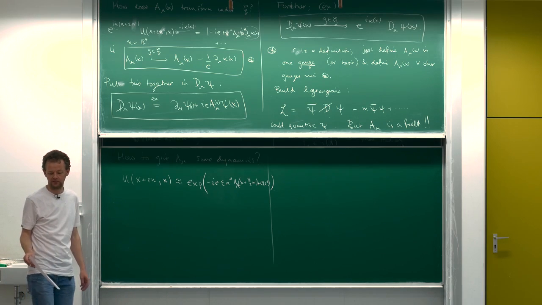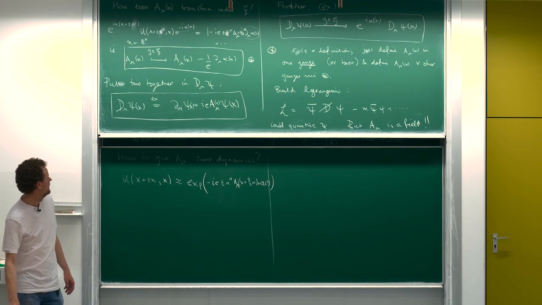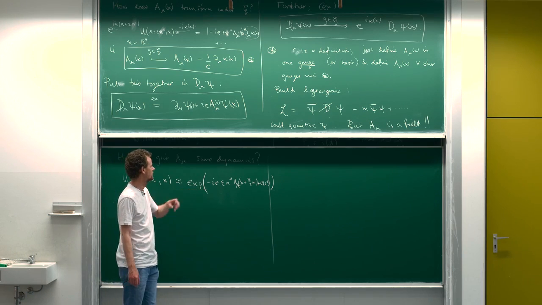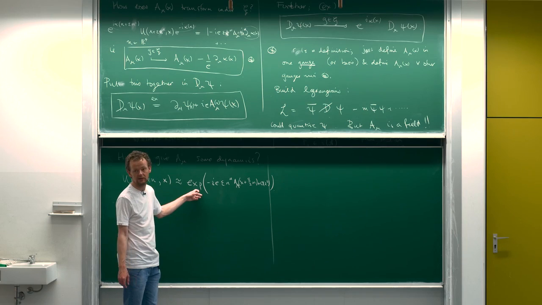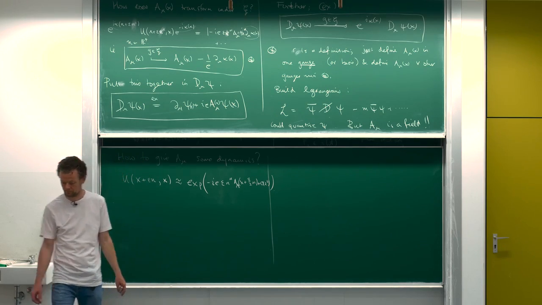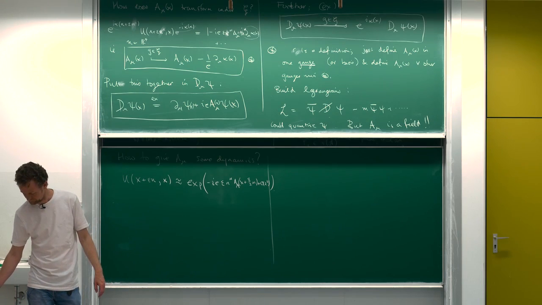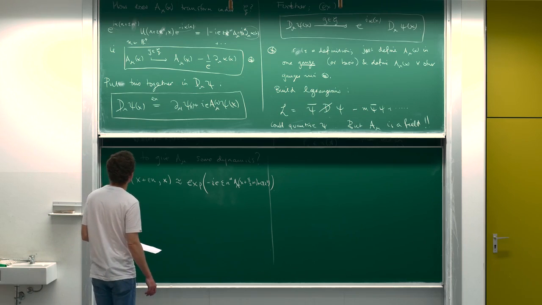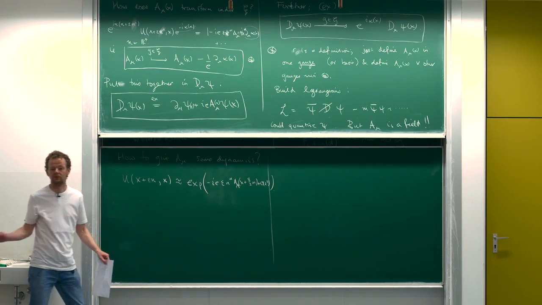So if you work out the Taylor series for the parallel transporter, you see that you can actually use an exponential on the right hand side and get exactly the same Taylor series. And we know that this object transforms in a very nice way, right?